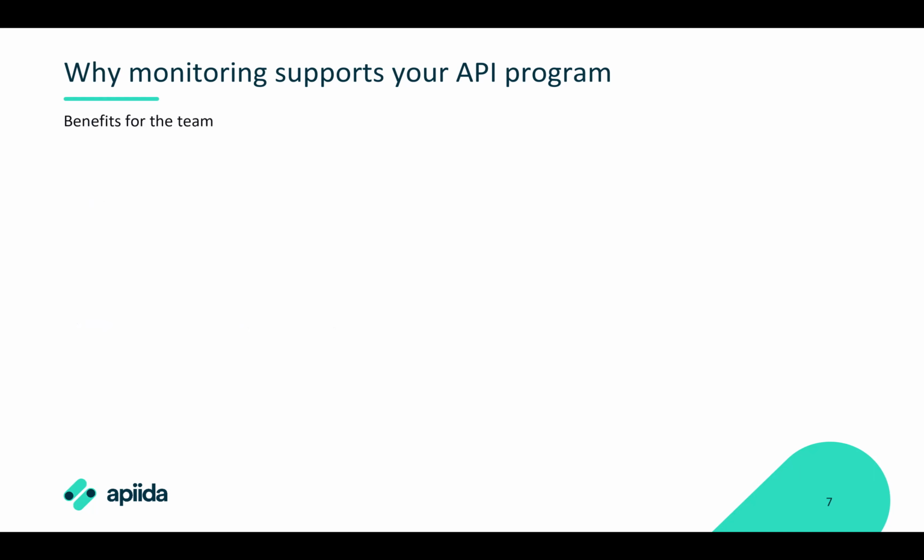So obviously monitoring also has benefits for your team. One is obviously access to service data in real time. As I said, spotting things directly, or just giving up-to-date information to, for example, product owners, right? Or if problems are caused not by the scaling of the API and the API management layer, but by the scaling of the backend application.